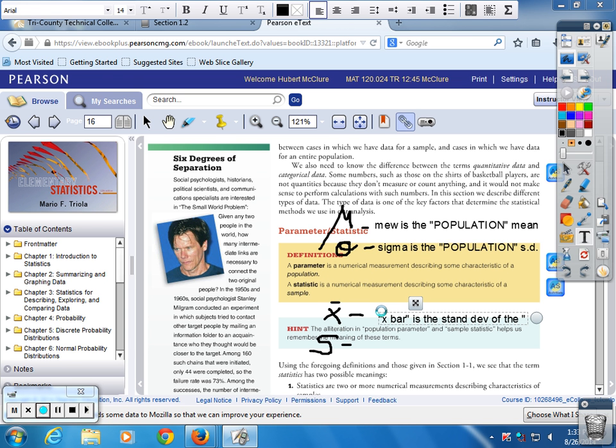Cricket's chirping in here. X bar is the standard deviation. How about the average?